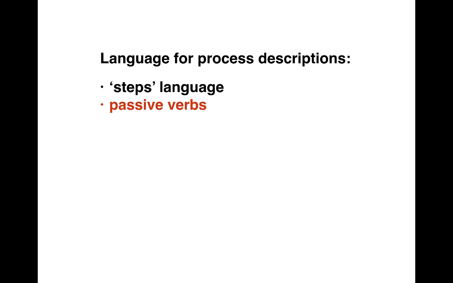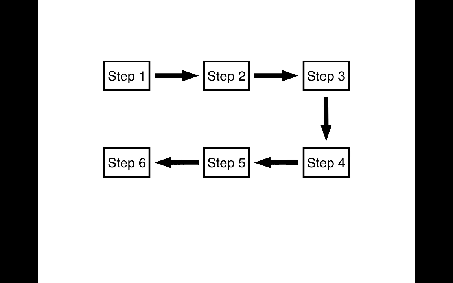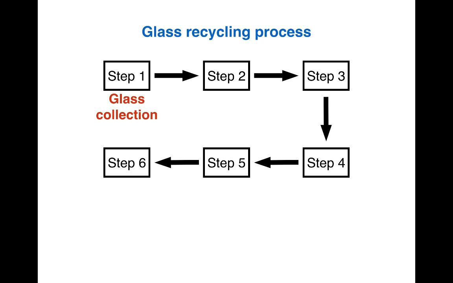Let's look at some examples with a sample question. Imagine we have these steps, and these steps show the process of glass recycling. If we take one of the steps and say it's glass collection, how do we put that into the passive? Well, glass is collected. Notice we use the verb to be in the present, is in this case, and then the past participle.